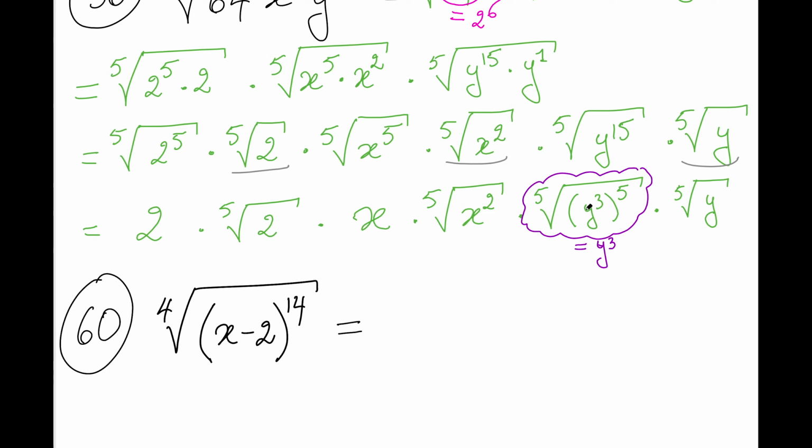So the 5th root of a to the power 5 is simply a. So we get that. Okay.